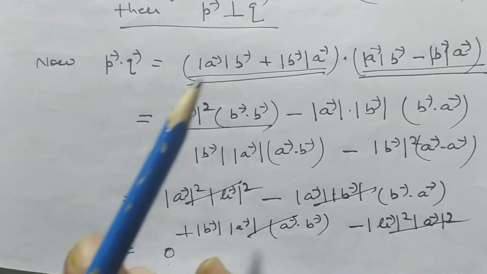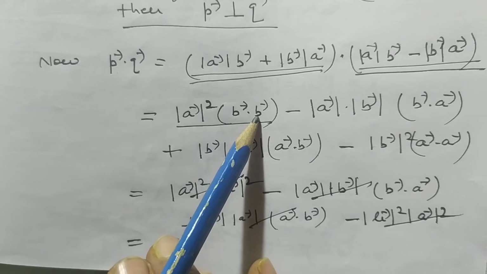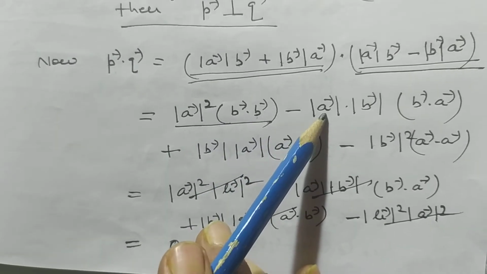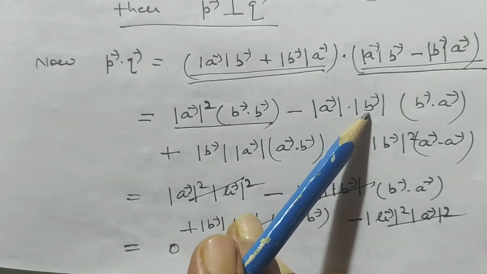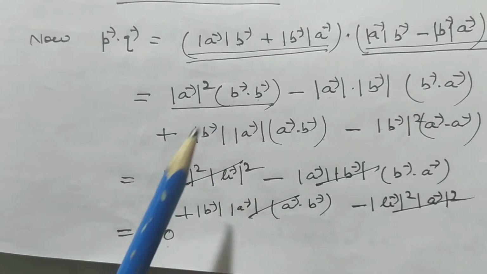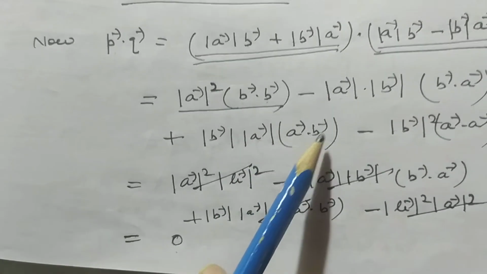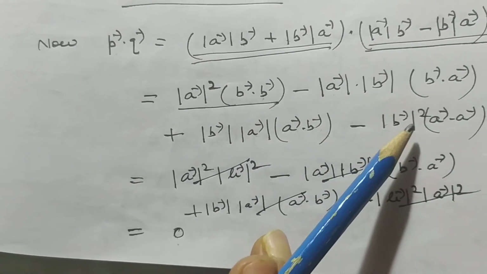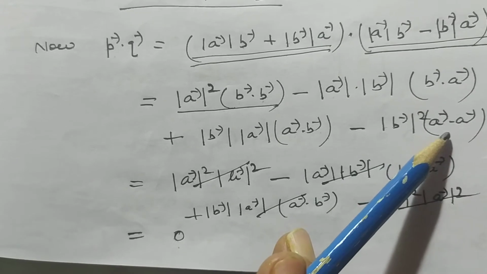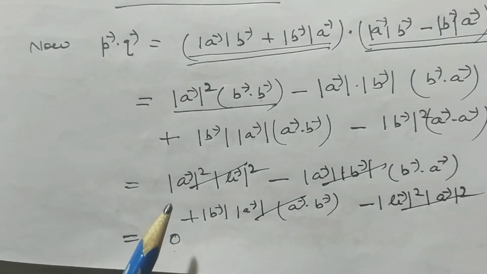So it will be magnitude of A square, vector B dot product with vector B, minus magnitude of A magnitude of B, vector B dot product with vector A, plus magnitude of B magnitude of A, vector A dot product with vector B, minus magnitude of B square, vector A dot product with vector A. So it will be 0.